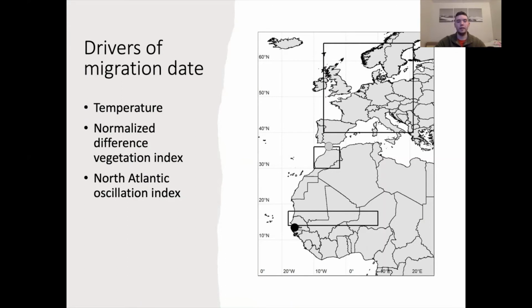And also the North Atlantic Oscillation Index, which is essentially just the pressure difference over the sea from the Azores over here and Iceland. That might not mean much to you, but in years where we see a very strong index, that typically correlates with very wet and warm springs in Europe, and previous studies have found that in those years birds are arriving earlier back in Europe to take advantage of those conditions.